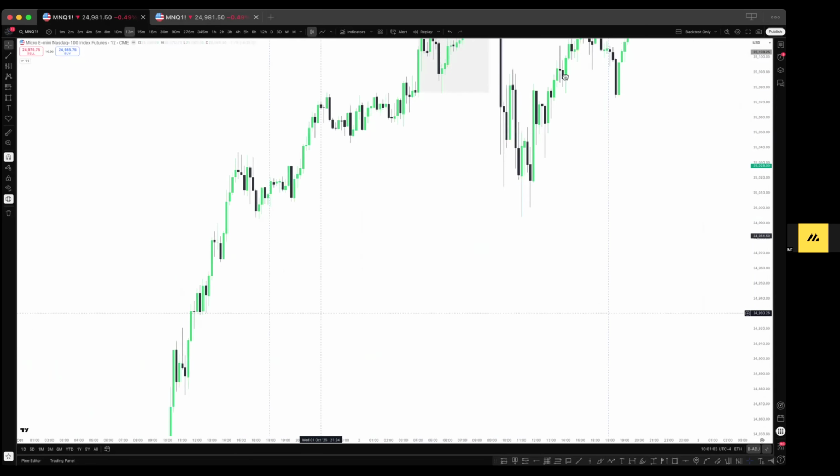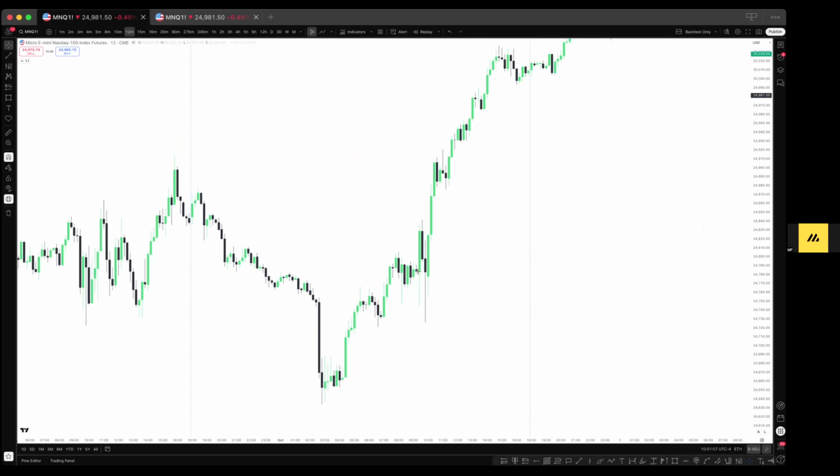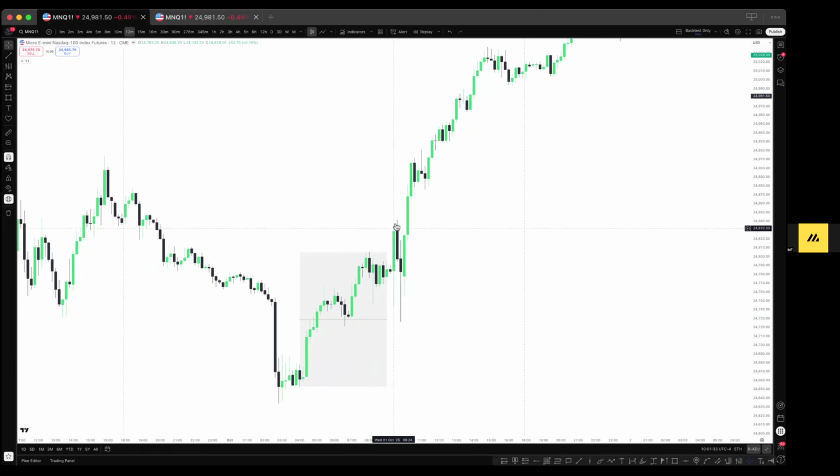The previous day, I think it was Tuesday, that was tough. This one was a decent day as well. So if I go 4 a.m. to 9, right there, this one was a decent day because I caught the short.